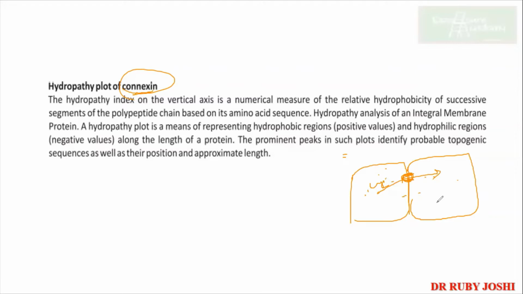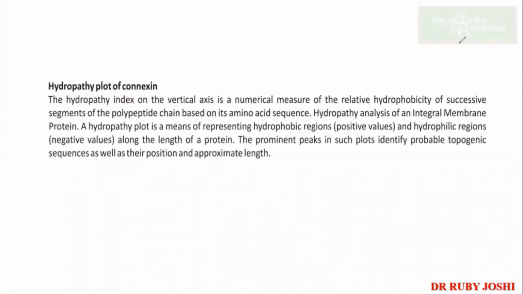So good attempt. Now why am I talking about connexin? Because it has hydrophobic regions in equal quantity with its hydrophilic regions also. So the hydropathy plot is also known as the KD plot, I think, if I'm not wrong.